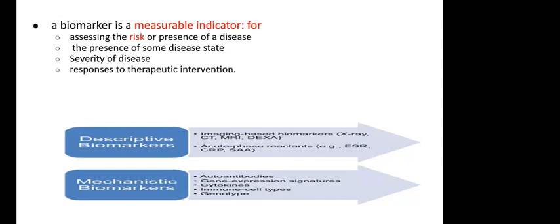Those indicators or biomarkers could be descriptive biomarkers like imaging, acute phase reaction lab tests, or mechanistic biomarkers. Those biomarkers are related to the pathophysiology of the disease, like autoantibodies, cytokine levels, and genotypes.